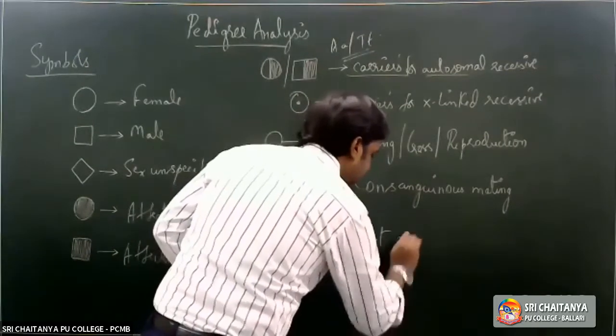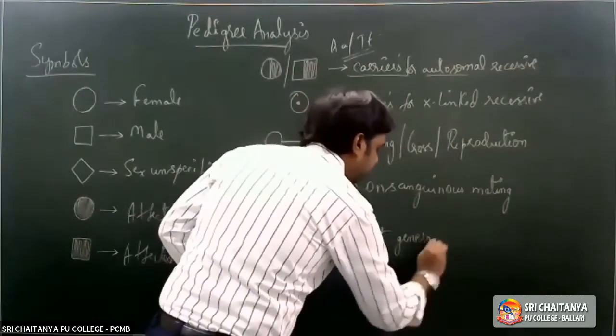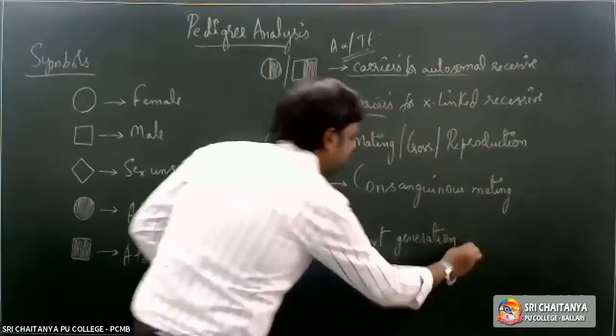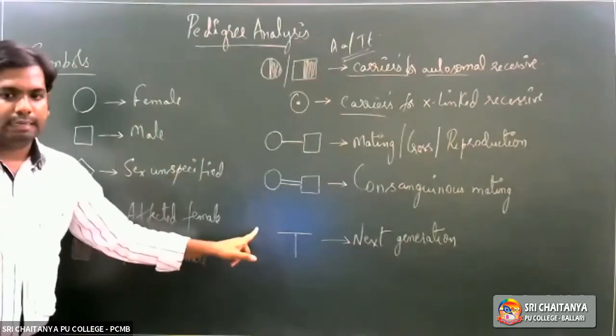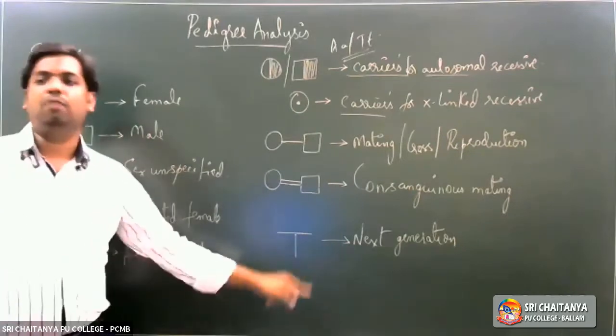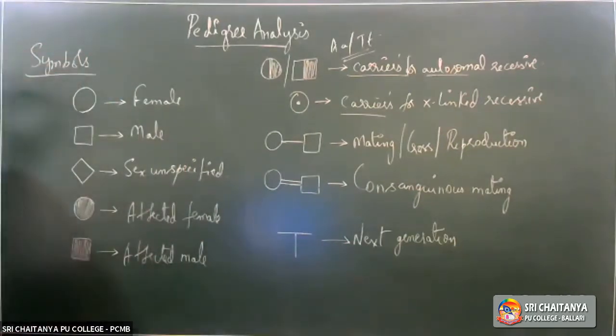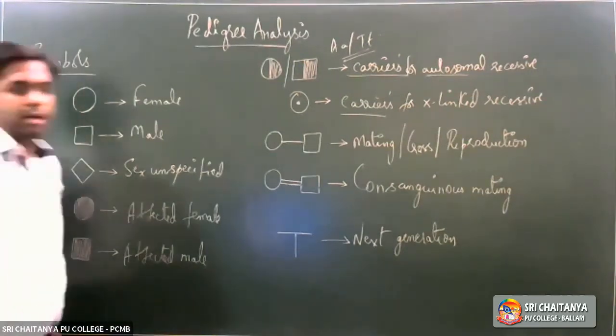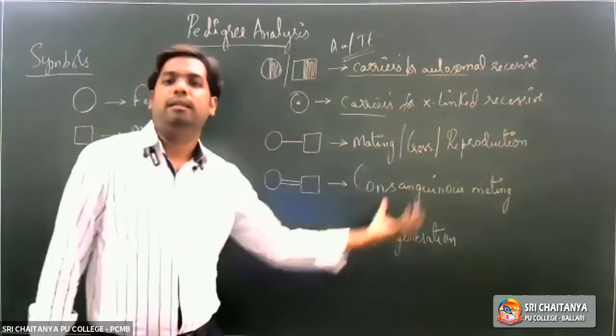So the next generation is represented by a horizontal line joined by a vertical line. Such a symbol is what we use for the next generation.